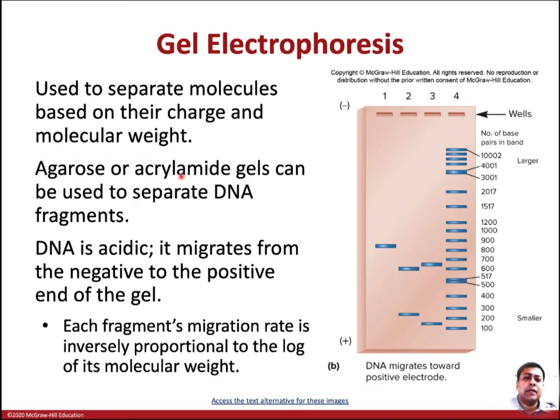Acrylamide is used in a specific process in a vertical gel, whereas the agarose gel is used in a flat bed gel. And DNA is acidic, so it is negatively charged and it's going to move towards a positively charged electrode. And each fragment is going to migrate, and the migration rate is inversely proportional to the log of its molecular weight.